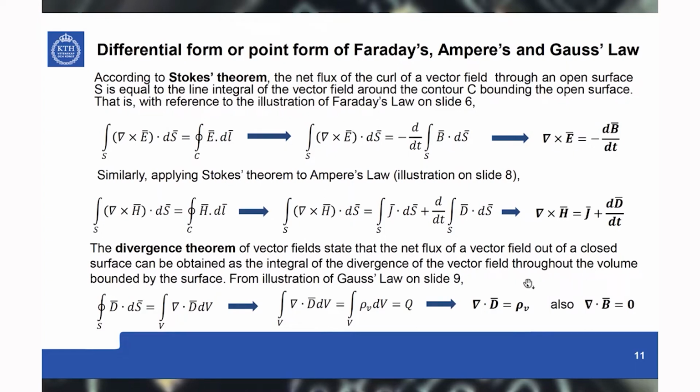Here for illustration, you can take the closed surface illustrating the Gauss law on slide 9. So it is a completely closed surface with no edges. So total flux coming out of that closed surface, according to divergence theorem, is equal to the volume integral of divergence of the vector field D.